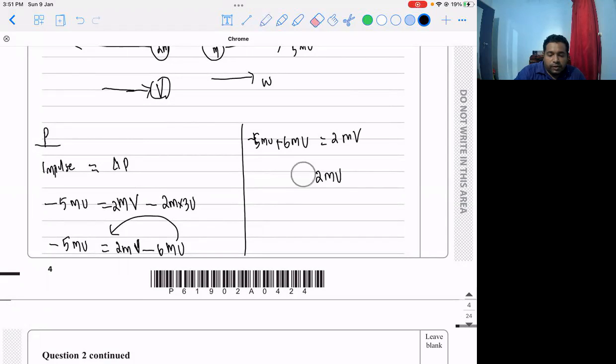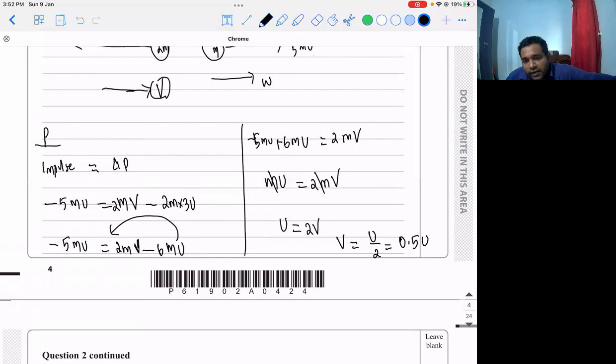I got confused with the U and V. So it is MU is equal to 2MV. M got cancelled. U is equal to 2V, or V is equal to U over 2, and that is 0.5U. So 0.5U is the velocity of the particle.